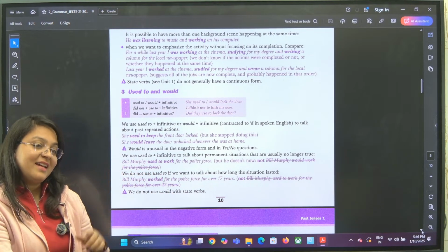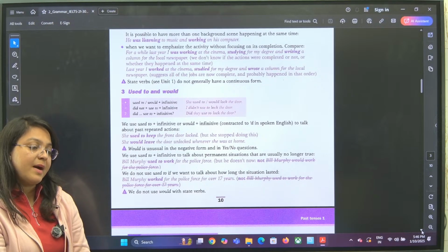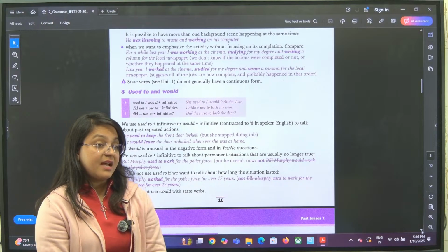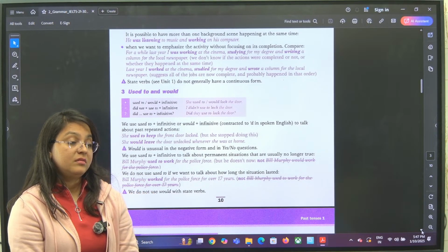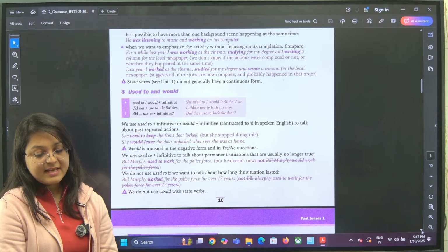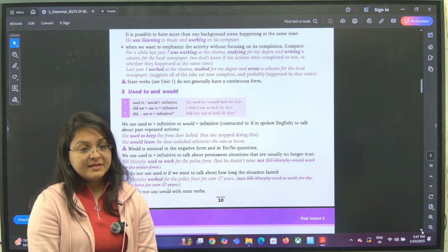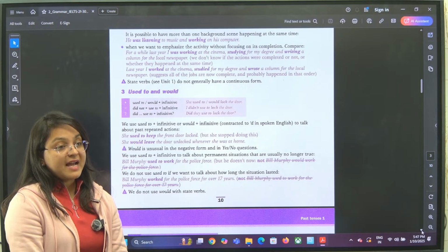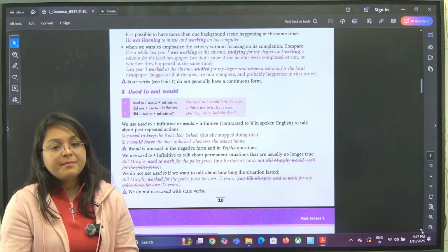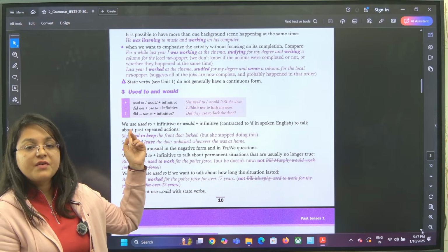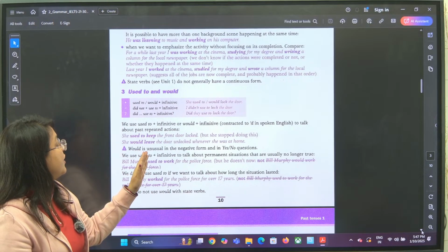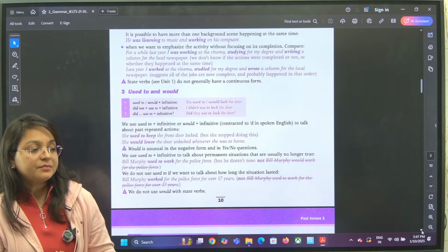It was continuing in the past. And when you want to narrate something and you want to tell about the background scene, then also you would use past continuous. And when you want to talk about any task that was happening in the past but we don't know whether it is completed or not, then also we will use past continuous. Clear? When would we use used to or would?